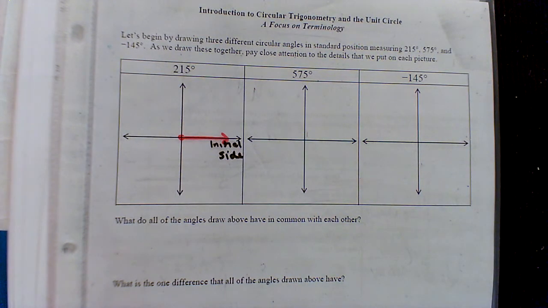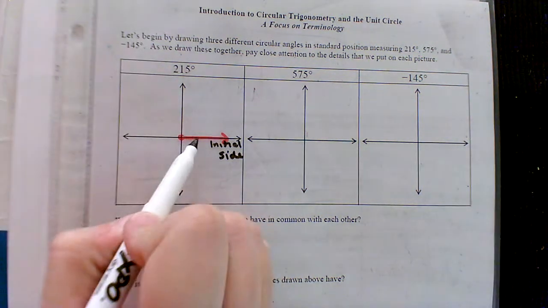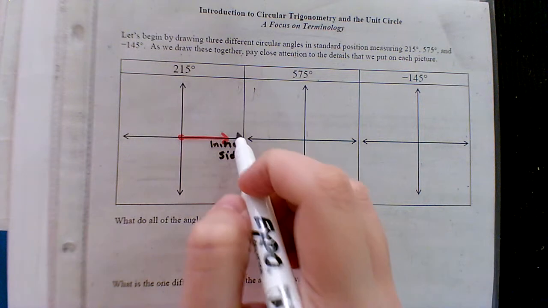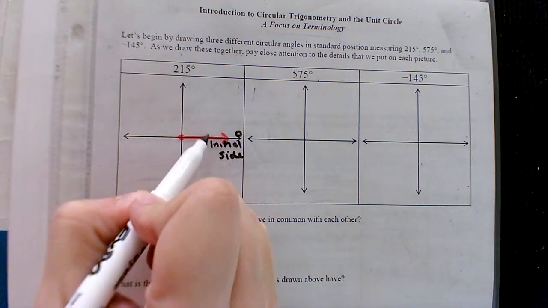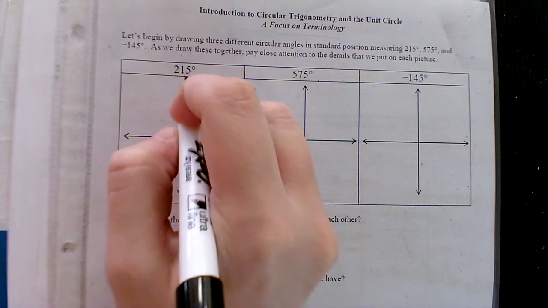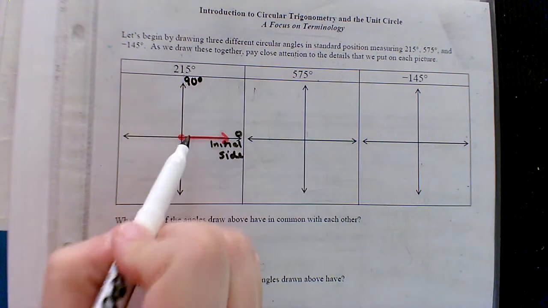If I want to draw a 215 degree angle, how about we think about this? How many degrees are in a circle? There's 180 in a triangle. Do we know how many are in a circle? 360. Okay. So if I were to do a whole circle, I'm starting with an angle of 0. That's my initial side. If I go completely perpendicular, that would be 90.